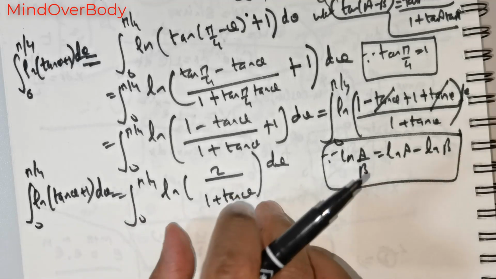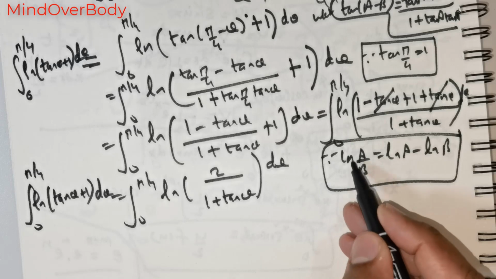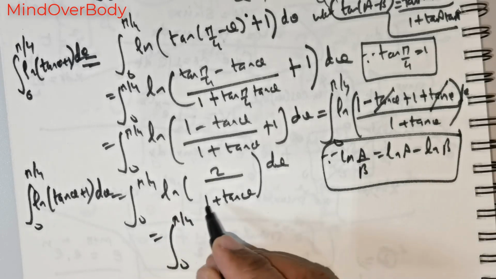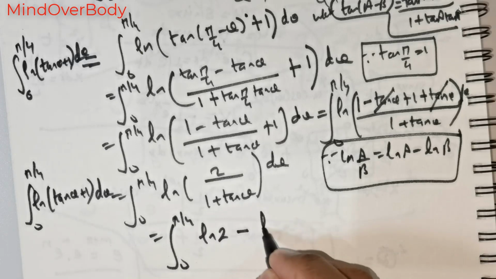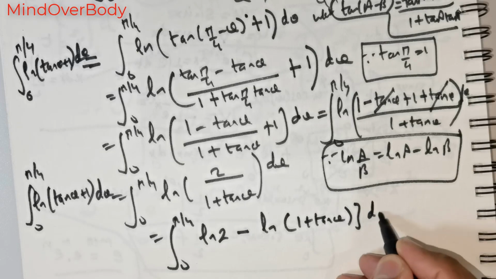This is equal to this, which we got because of the application of King's property. Now utilizing the ln a over b formula, this is equal to the integral from 0 to pi over 4 of ln 2 minus ln of (1 + tan theta) times d theta.